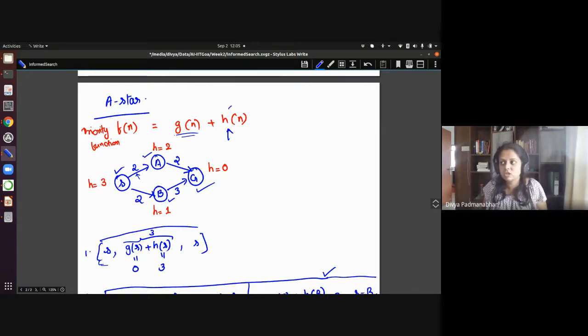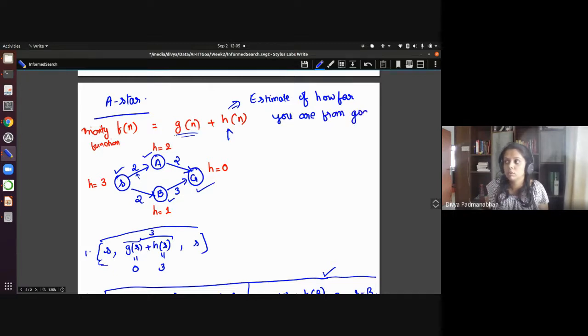So h of n is an estimate of how far you are from the goal. It need not be equal to the true distance, or the true cost. We will go into a little more detail about how you can get this.